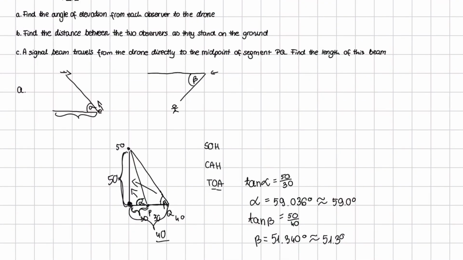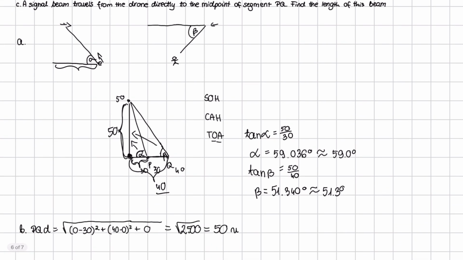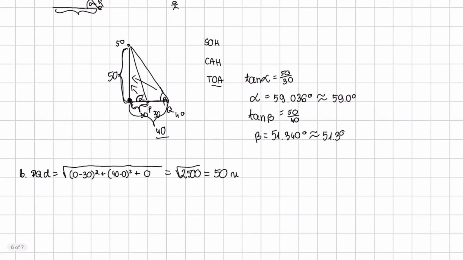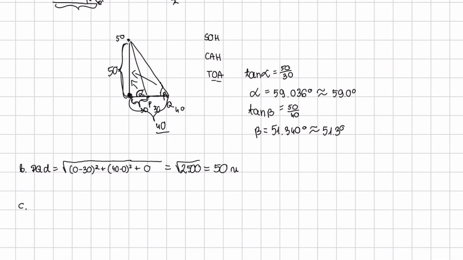C. A signal beam travels from the drone directly to the midpoint of segment PQ. Find the length of this beam. So firstly, we have to calculate the midpoint. Midpoint is just half of this segment. Of course we can use our booklet. In our booklet we have the formula for the midpoint between 2 points. However, I think that it's a very easy formula, so you can remember it.